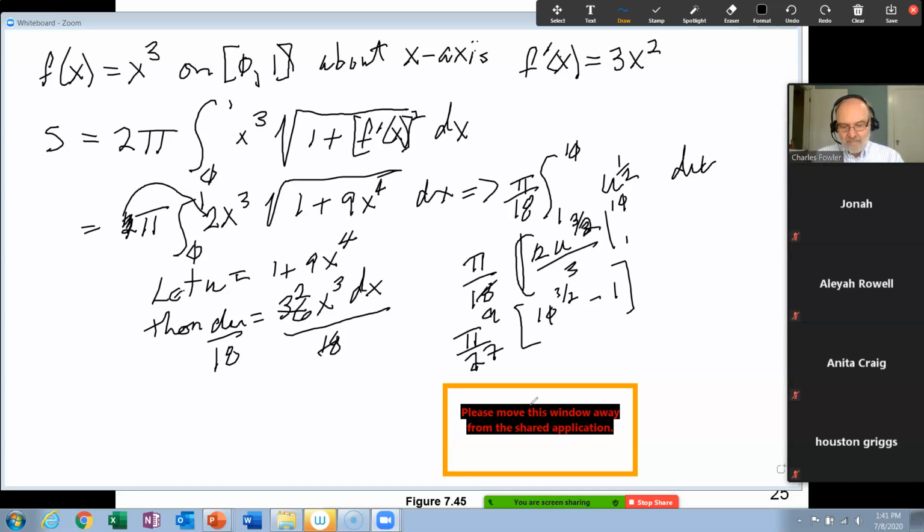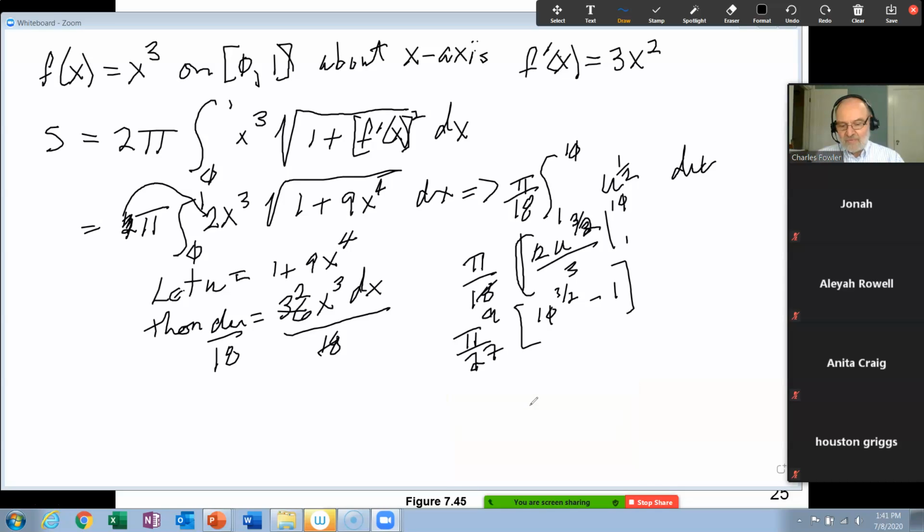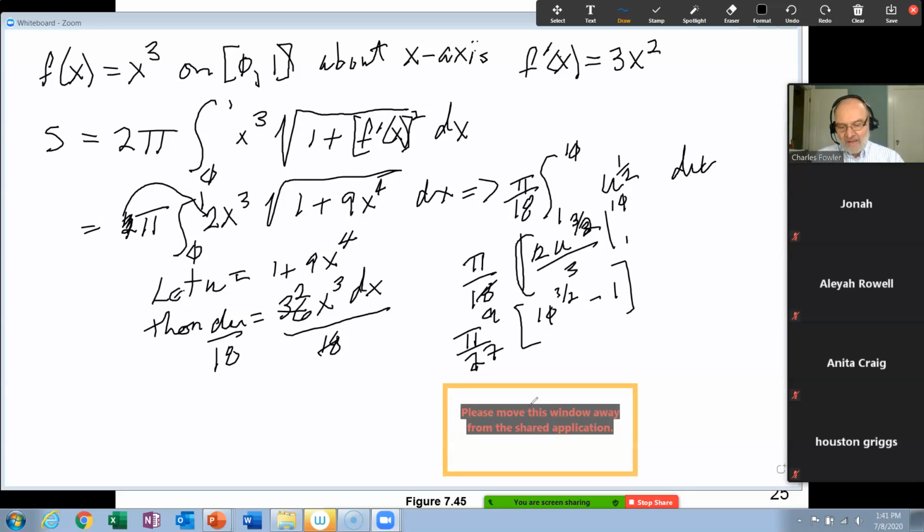All right. 10 to the 3/2 power. That's 1, 0. And I'm using the x to the y key, pressing that. And then my y is 1.5. 3/2 is 1.5. And press equal. Minus 1.